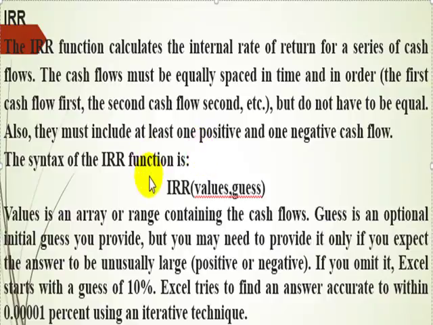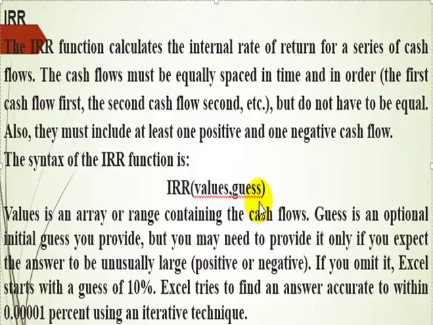The syntax for the IRR function is similar to that of the NPV function, only that in the NPV function, we have the rate at which the cash flow will be discounted. Unlike the NPV function, the IRR function has a rate which is known as the guess. It is called the guess.